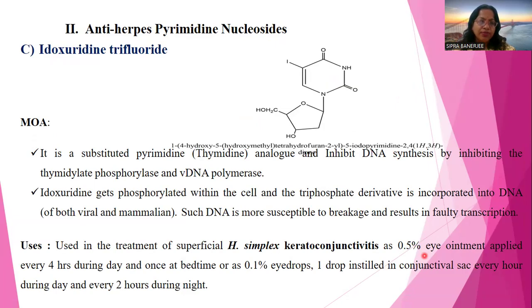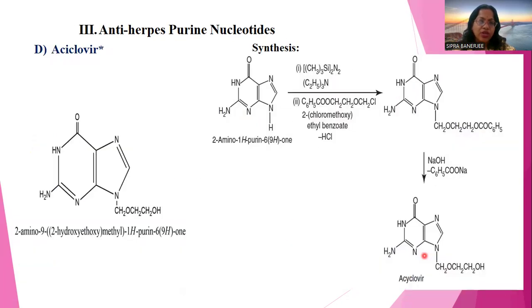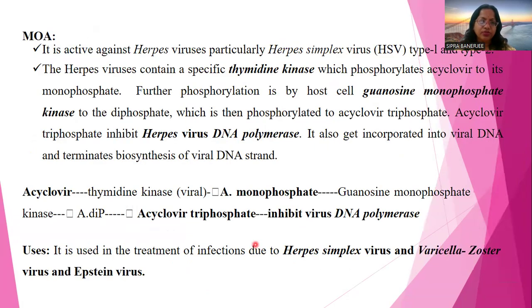Now coming to acyclovir, the important drug. The synthesis of acyclovir will be discussed in your class, and you have to study it in a very thorough manner. It is active against the herpes virus, particularly herpes simplex virus HSV type 1. The herpes virus contains a specific thymidine kinase which phosphorylates acyclovir to its monophosphate.